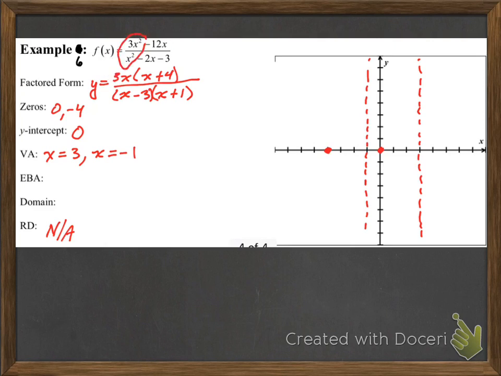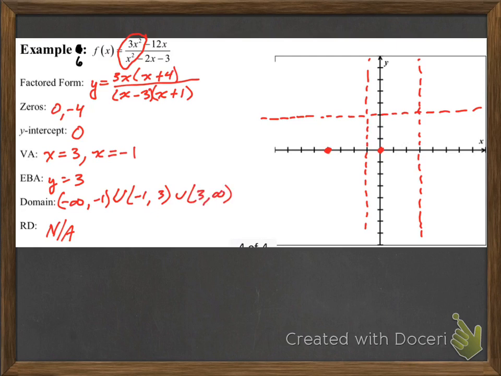If you take the leading terms, that reduces to y equals 3. So y equals 3 is our horizontal asymptote here. And the domain is going to go from -infinity to your first discontinuity, which is the vertical asymptote, -1, union, and then -1 to the next asymptote, which is 3, union, and then 3 to infinity.